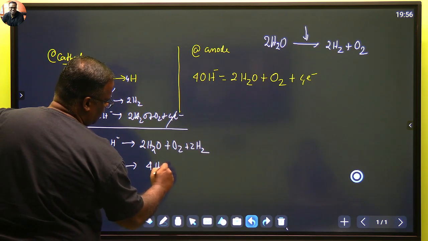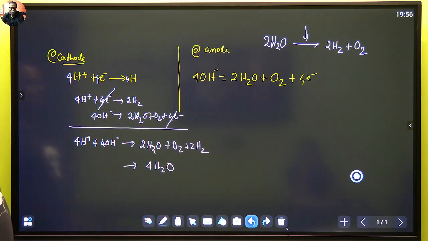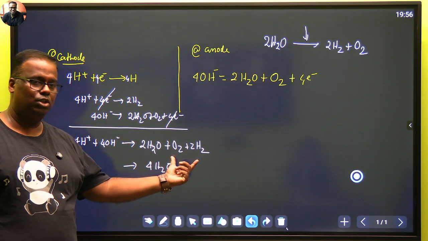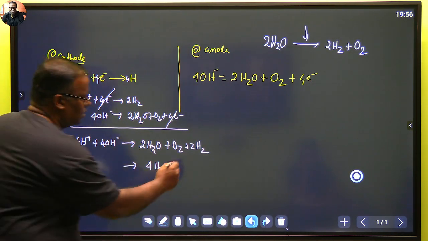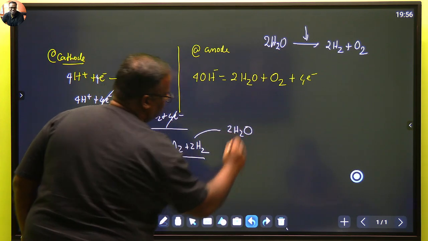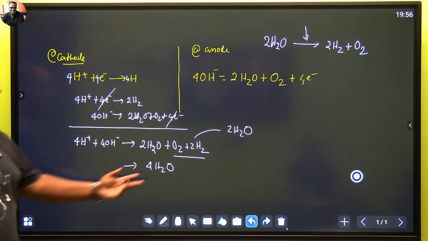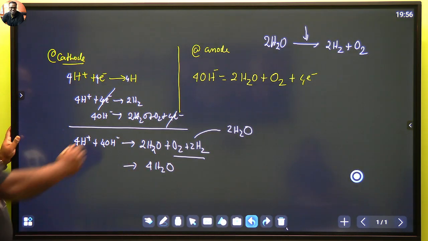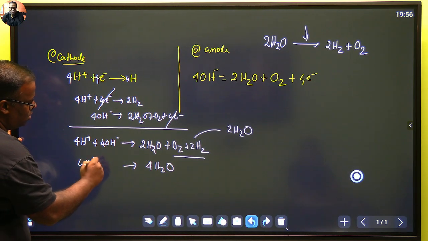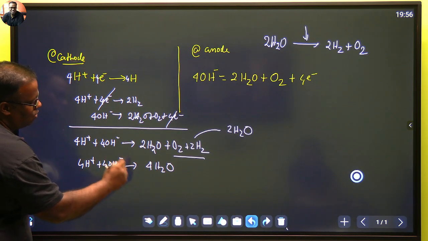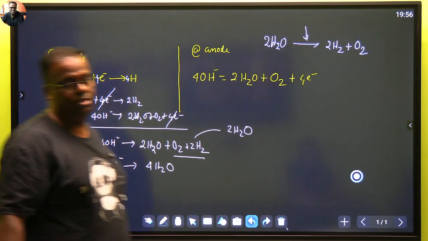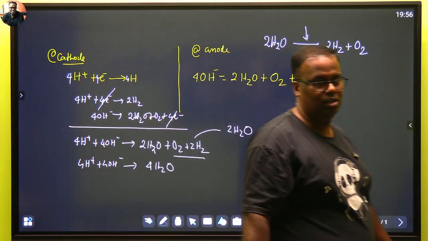This is 4 times H2O. 2H2 plus O2 is another 2H2O. This 2 is another 2H2O. Agreed? So how much is the count here? 8 now. So this is fine, right? 8, and this also is 4H plus 4OH minus. Now you see 8 hydrogen, 4 oxygen, 4 oxygen. This is electrolysis of water.